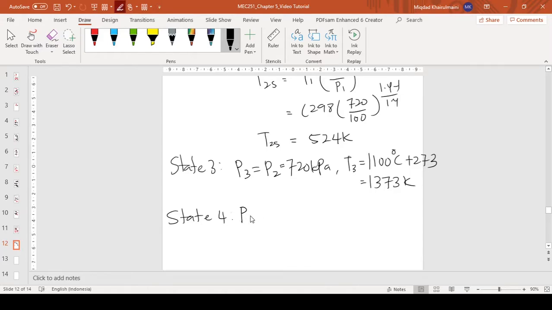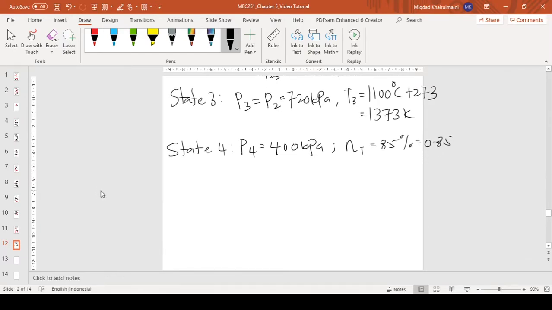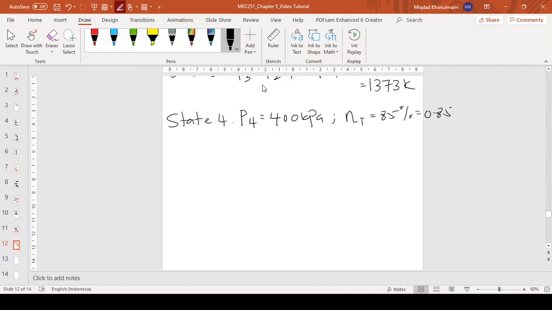P4 is already given. If I'm not mistaken, P4 was 400 kilopascal. There is an isentropic efficiency for the first turbine, which is 85%, or 0.85. At state 4, we have to solve for both the ideal and actual conditions. We do the ideal condition first, using the isentropic relationship for gases: T3 over T4S equals P3 over P4 to the power (k minus 1) over k.